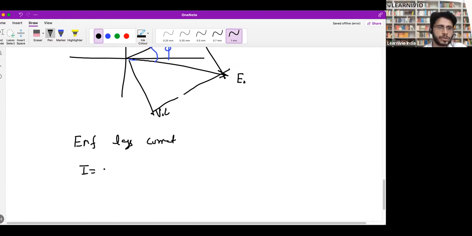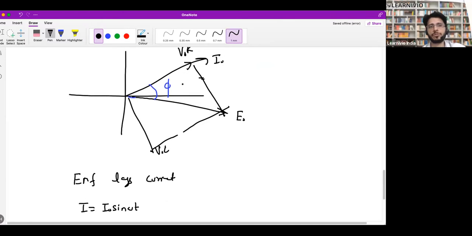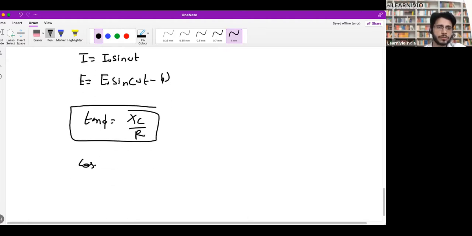So if the equation of current is I naught sine omega t, then the equation of EMF is E naught sine omega t minus phi. Next, you can calculate tan phi, which is perpendicular upon base. So you can write it as XC by R. You can also calculate cos phi, which is R by Z.